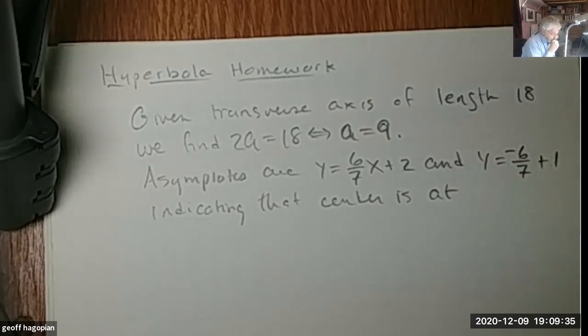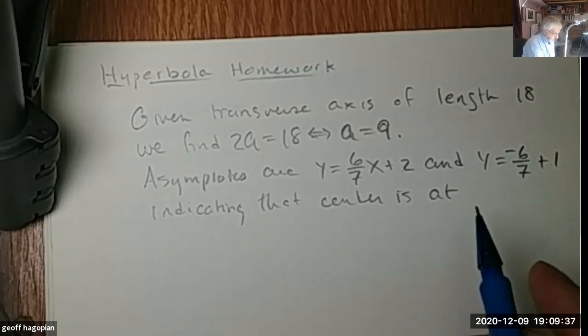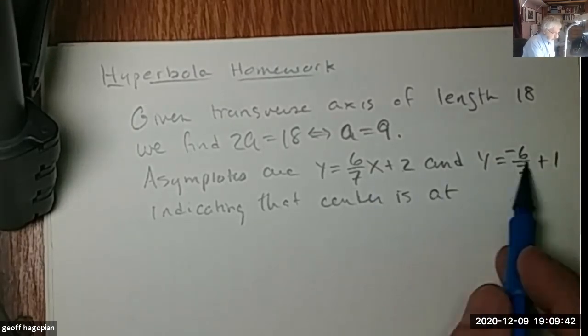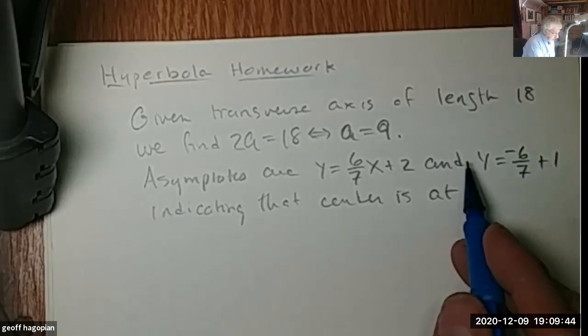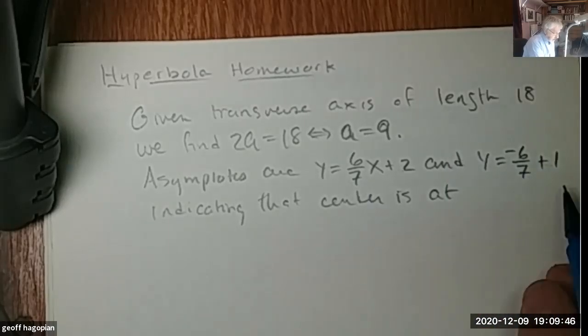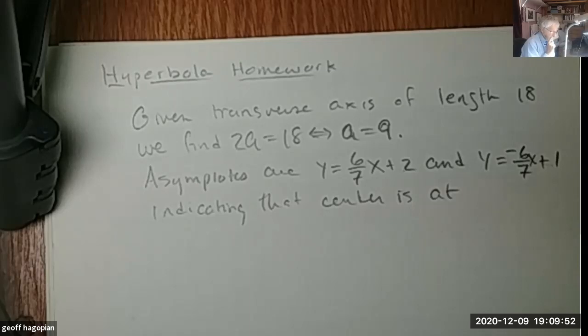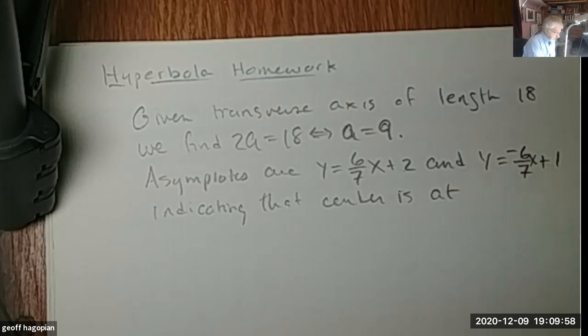I have to think about that for a second. So I guess we need to find out where is the intersection of these, right? Sorry, this should be an x here. I left out the x. How are we doing? If you have a question, you can put it in the chat or just blurt it out.